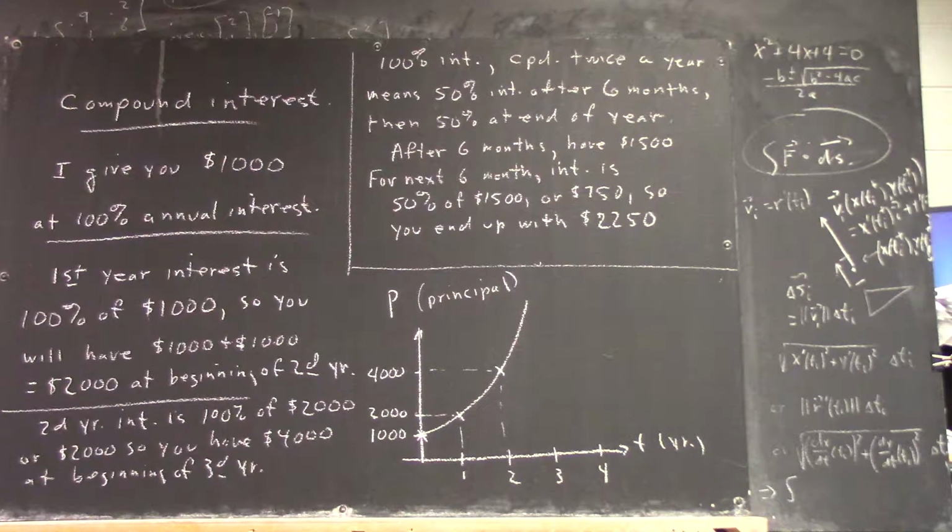Okay? Does that make sense? And then you just continue the same way. You keep adding 50% of whatever your principal is at the beginning of that particular 6-month period. That's like if you have a penny and you get a penny a day, you'll end up with more money. Well, a penny a day would just be 365 pennies by the end, like $3 by the end of the year.